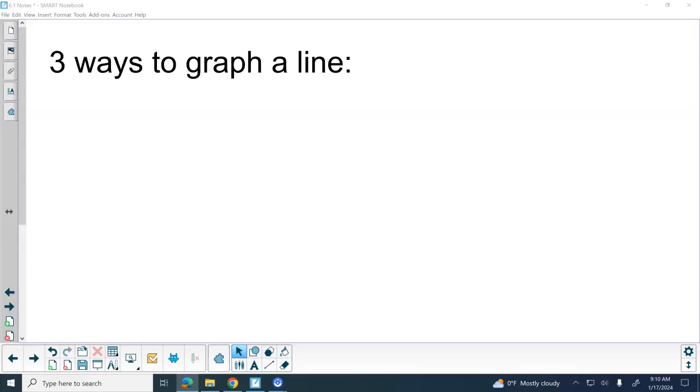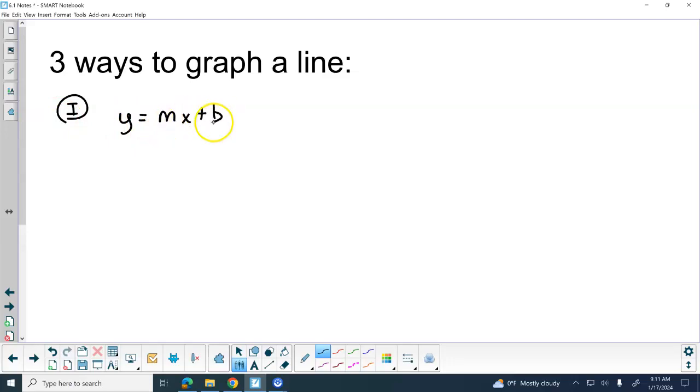Yeah, this one is y equals mx plus b. Yes, you could graph this one by solving the equation for y. So first off, you would solve for y. Then you would plot the y-intercept.